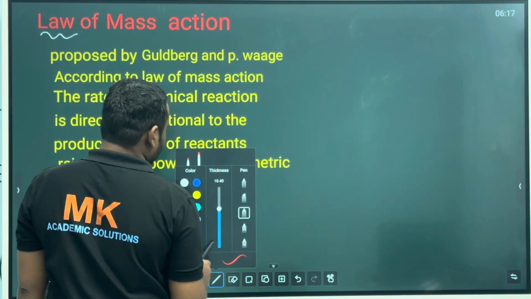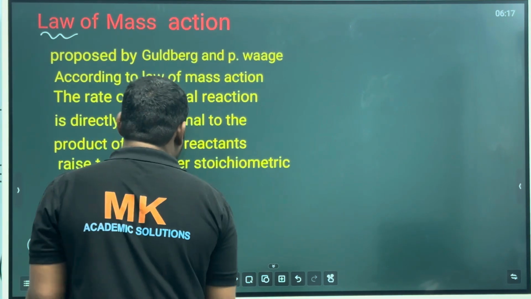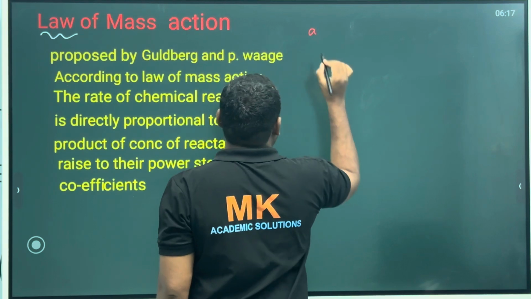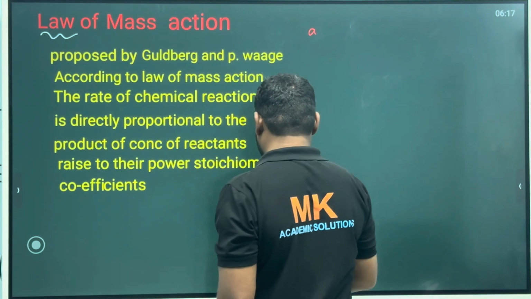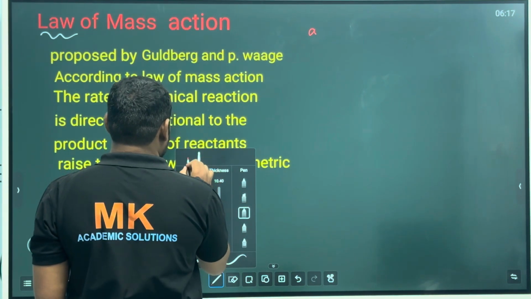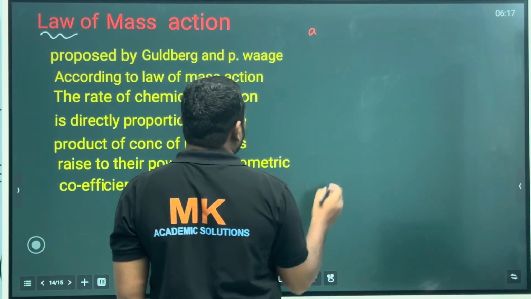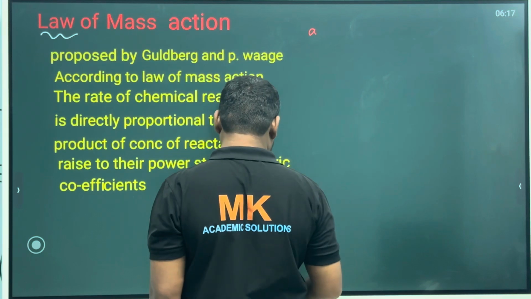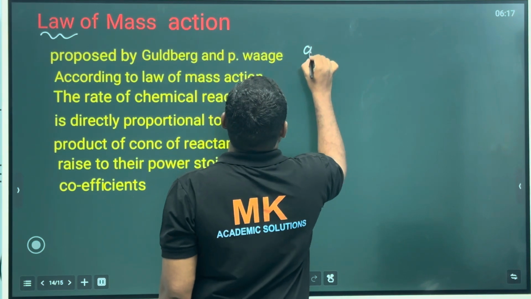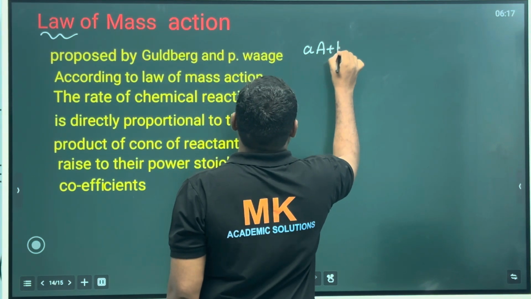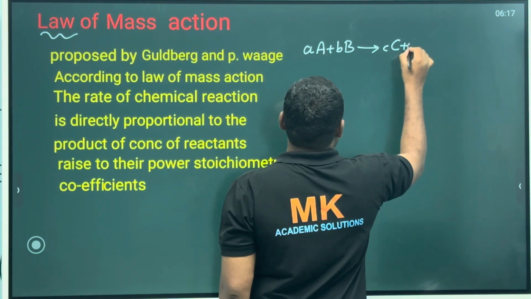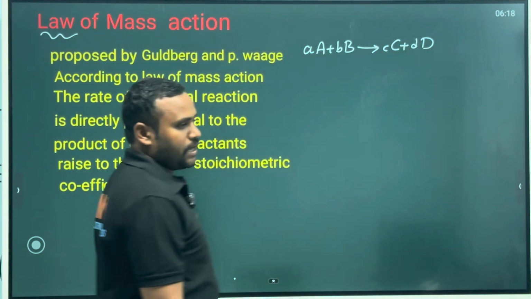See, for example, here I am going to take a hypothetical reaction: a moles of A plus b moles of B gives rise to c moles of C plus d moles of D. This is a hypothetical reaction.